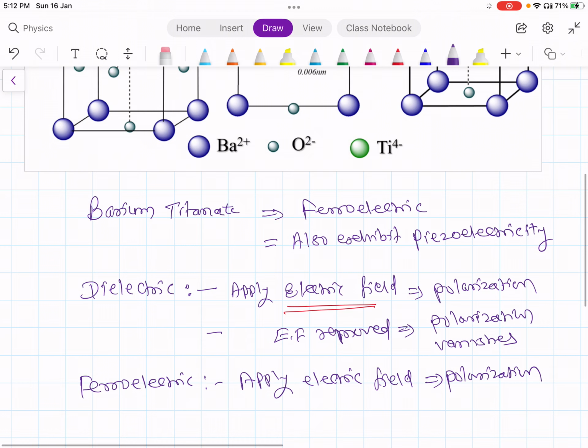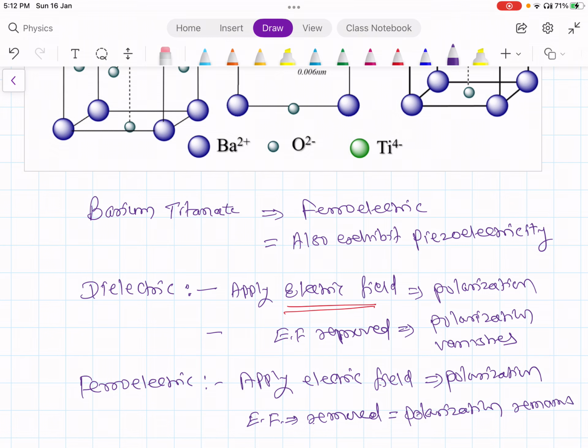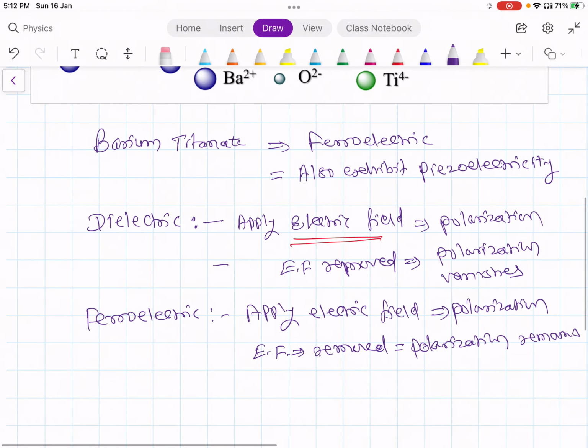And when this electric field is removed, polarization remains as it is. Then that type of materials are called ferroelectric materials.